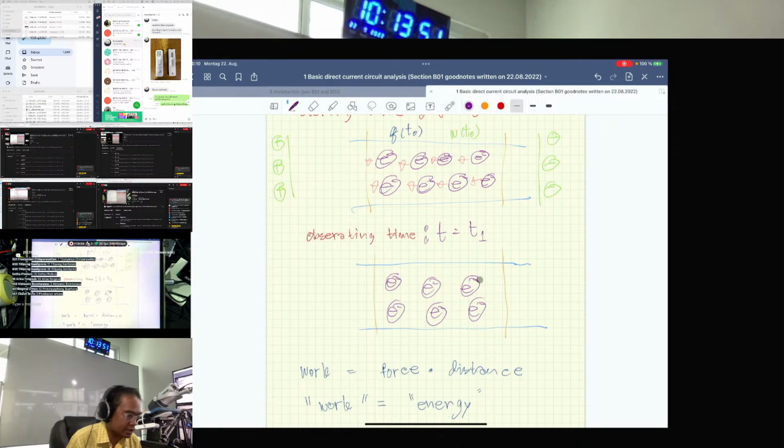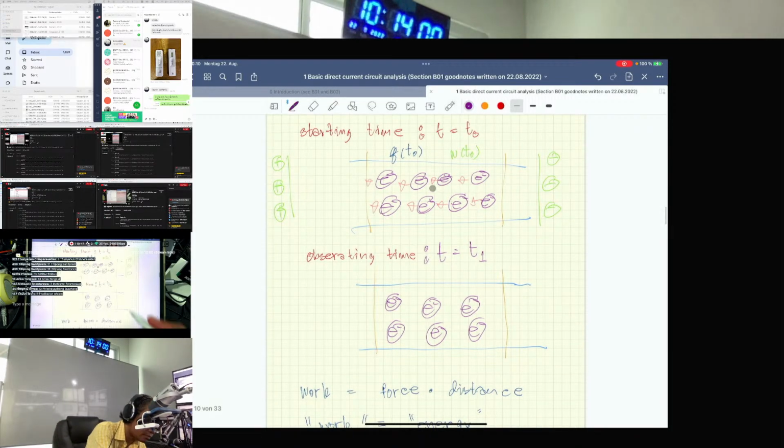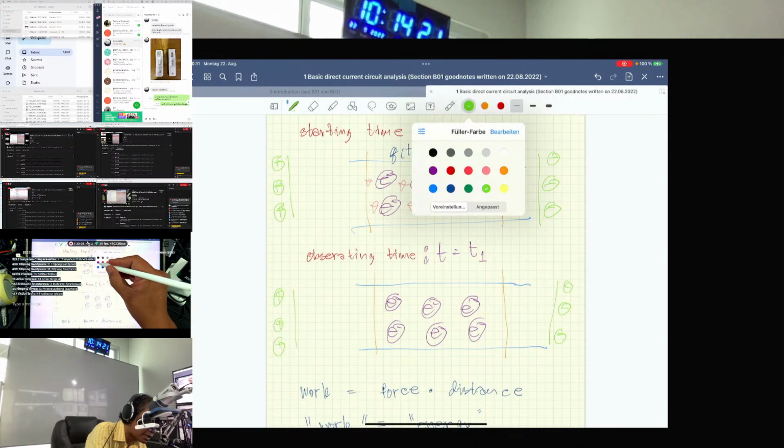It depends on the environment, whether they can supply us more electrons or not. Okay, right here you would have positive charge. Positive charge is the electric field again. Okay, at time t equal to t1, we would have the amount of charge. Now the amount of charge has changed.